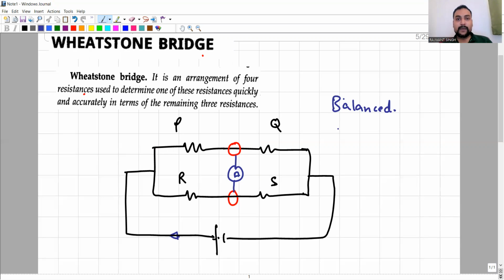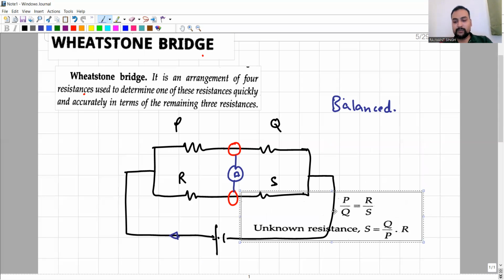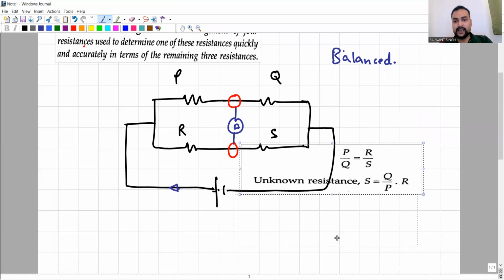This is a balanced condition. And what happens in the balanced condition is that the ratio of these four resistances will be P by Q over R by S.